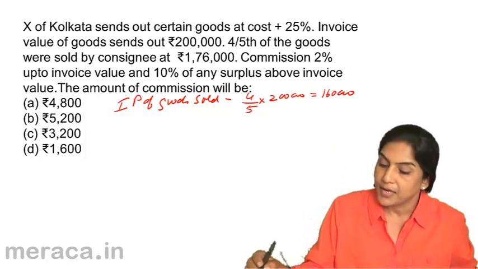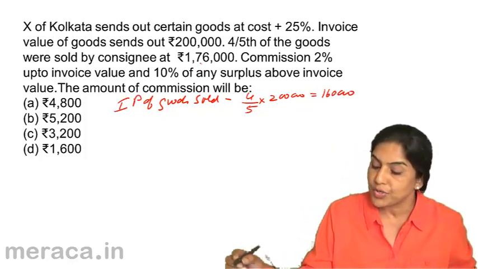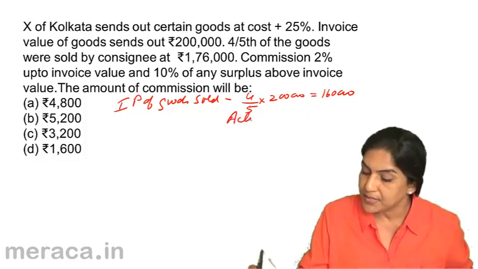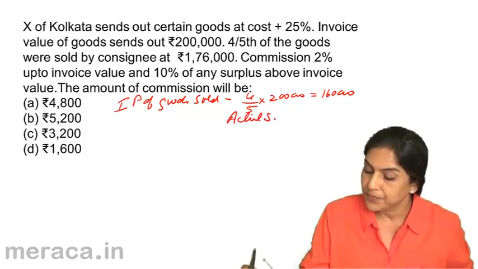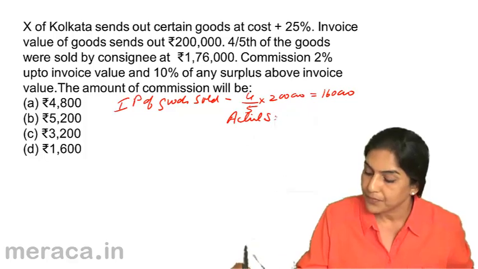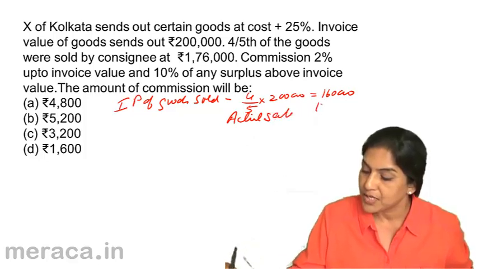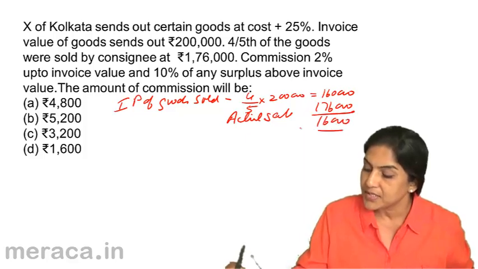Right? But the actual sales is 1,76,000. So surplus is 16,000. This is surplus sale.